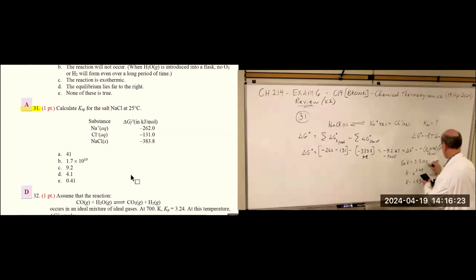Here we go. I was off by an order of magnitude. It's e to the 3.713. 4.1, or 4.10. There we go. Took me a while. No, that says 41. It is 41. Yeah, I read my calculator right.